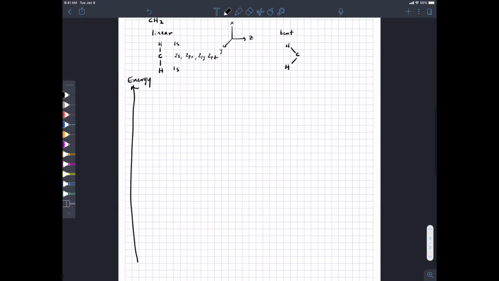Okay, so you might imagine that the lowest energy combination would be the one that derives from the 2s orbital on carbon and then the 1s orbitals on hydrogen.